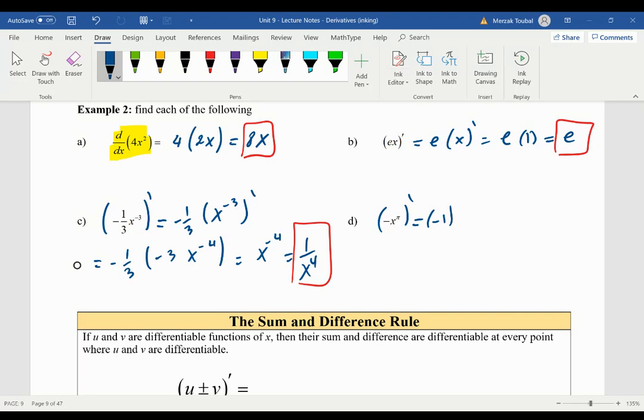And then apply the power rule. So it would be pi is constant, pi times x to the power of pi minus 1. You just apply the formula, which is negative pi times x to the pi minus 1. No need to move this to the bottom because pi is greater than 1, so it will remain on top.